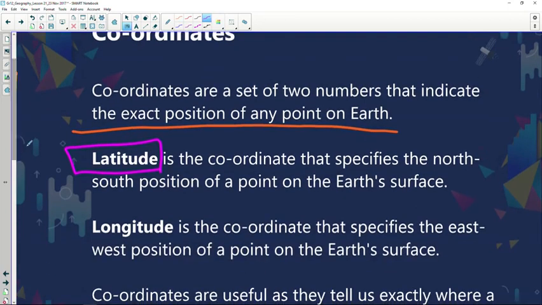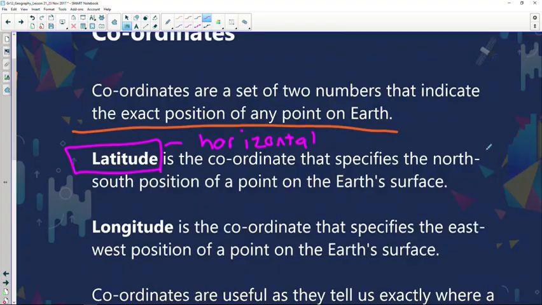It's the horizontal lines. Obviously, many of you get confused between latitude and longitude. Keep in mind, horizontal lines are these lines. If you struggle to remember horizontal and vertical, think of it, where does the sun come up? On the horizon.